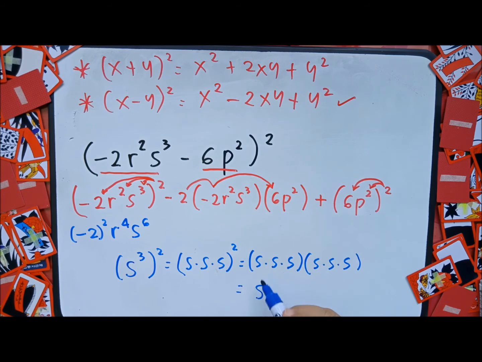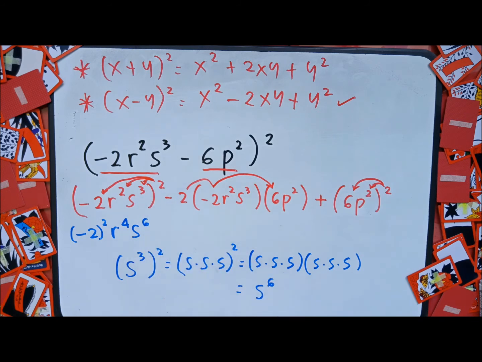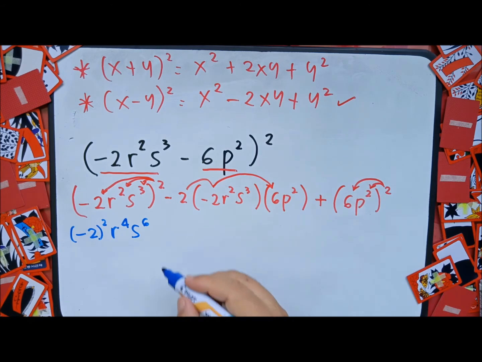So s 1, 2, 3, 4, 5, 6. S to the 6th power. Or simply multiply. I'm just showing you the pattern. Okay? Next.